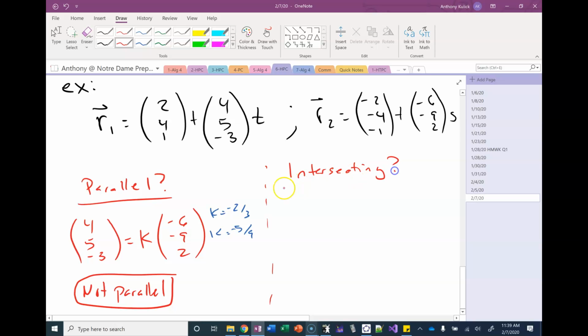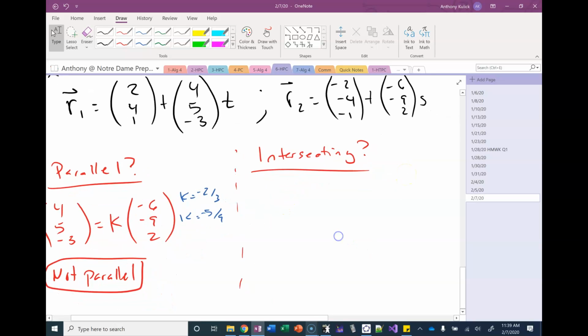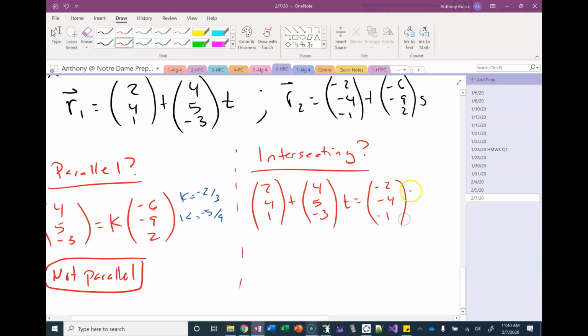Now we're going to check to see if it's intersecting. To do that, I'm going to set the one line equal to the other. -1.